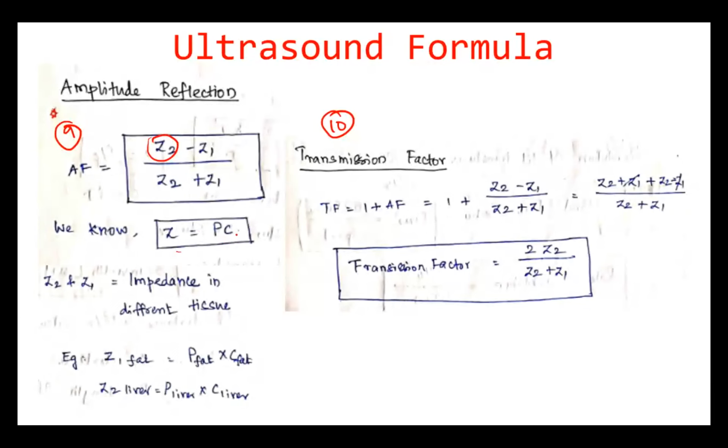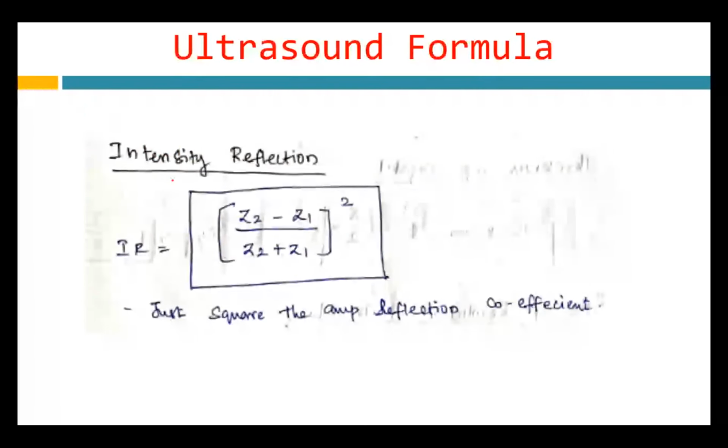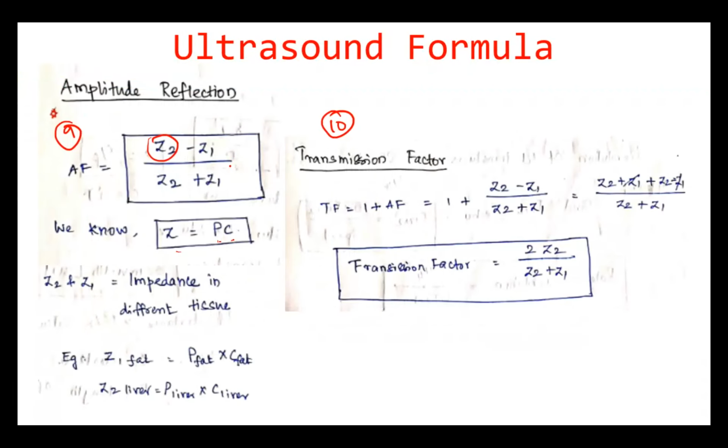Impedance is nothing but, we already studied earlier, density into speed. They give density, they give speed, you find impedance, just substitute here and you find the amplitude reflection coefficient. From the amplitude reflection coefficient we derive the transmission factor and the intensity reflection. So this is one of the important formulas.